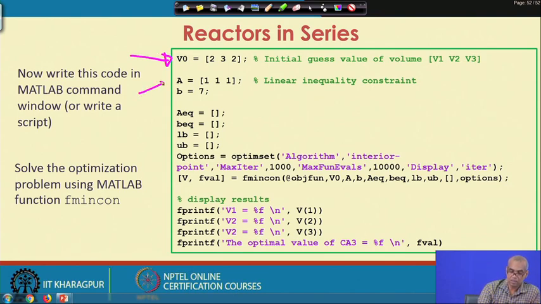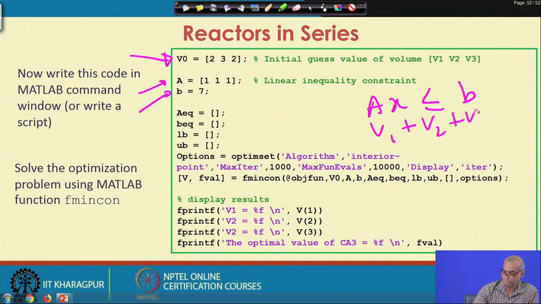So, this is A and B, Ax less than or equal to B, which says that V1 plus V2 plus V3 has to be less than or equal to 7. We do not have linear equality constraints, we do not have bounds. I am sending an options.